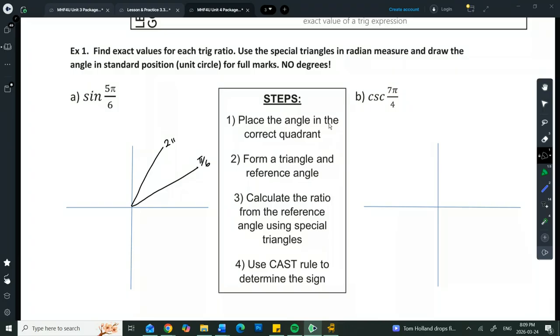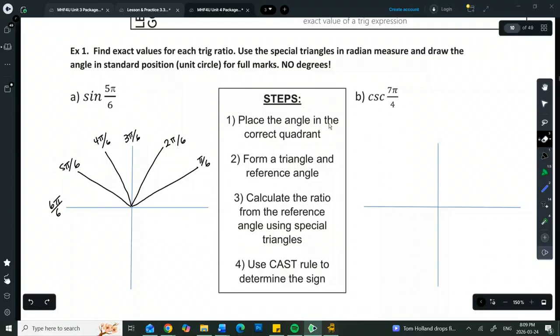This is like 2 pi over 6, 3 pi over 6, 4 pi over 6, 5 pi over 6, and 6 pi over 6. And of course we can reduce these and continue on from there. But there's our 5 pi over 6 measurement. We don't need the rest of them, but it can just be helpful to think out that process.